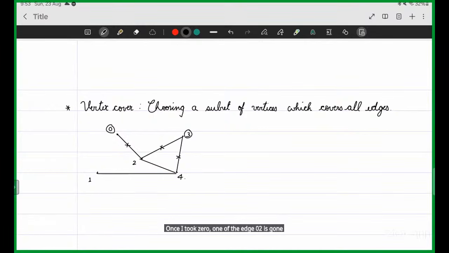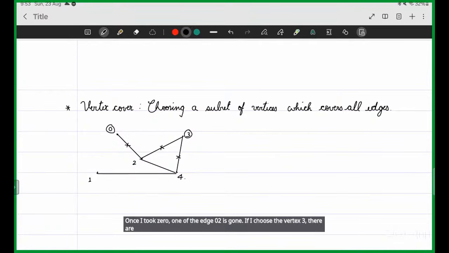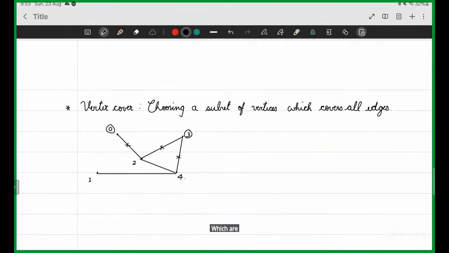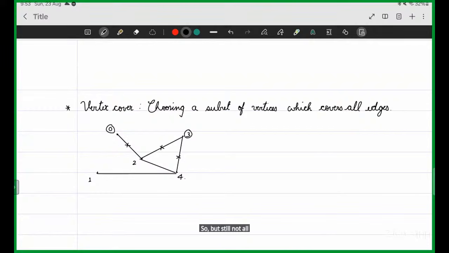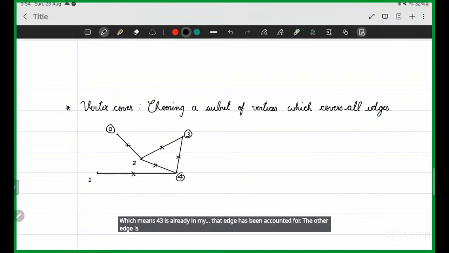If I choose the vertex 3, there are 2 edges which are connected via 3, which are 3, 2 and 3, 4. It is an undirected graph, so I'm not going to say in which direction. But still not all edges are taken care of. So I will take the vertex 4 now, which means the edge 4, 3 is already accounted for. The other edges that have not been accounted for are these.